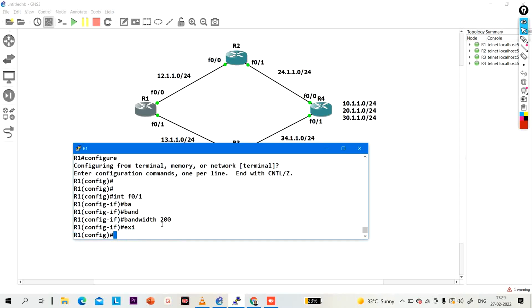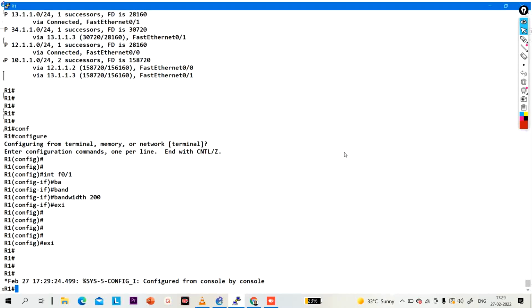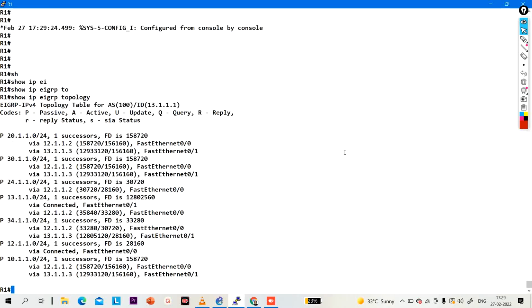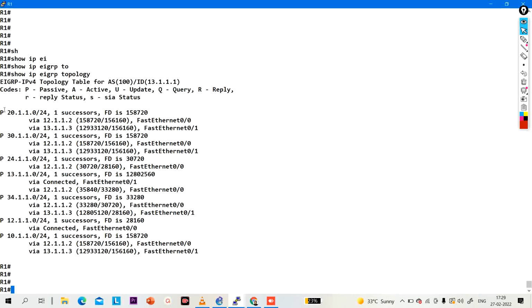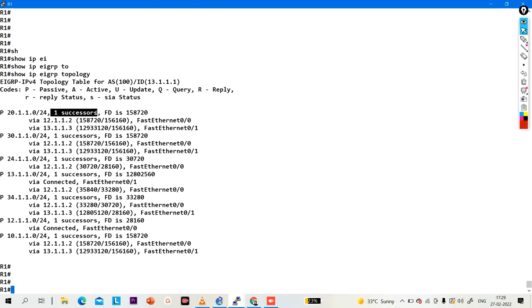Now definitely R1 will calculate different costs from two sides. So show IP EIGRP topology. You can see for the 20 network, how many successors? There is only one successor now, right?